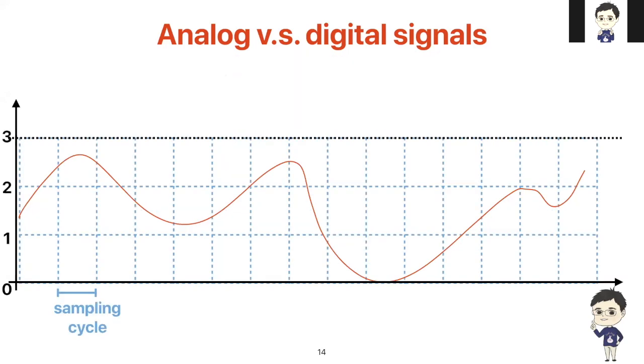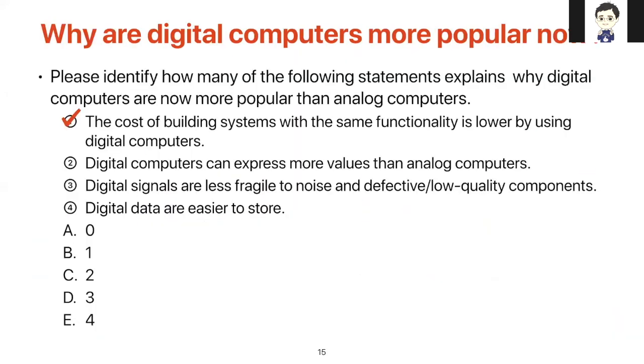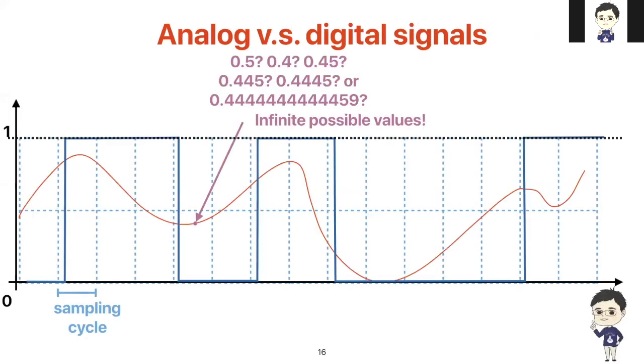As I just explained, for digital signals, it really depends on how you can quantize your analog signal, so the resolution of your quantizer. They cannot express those unlimited numbers that analog computers can express.